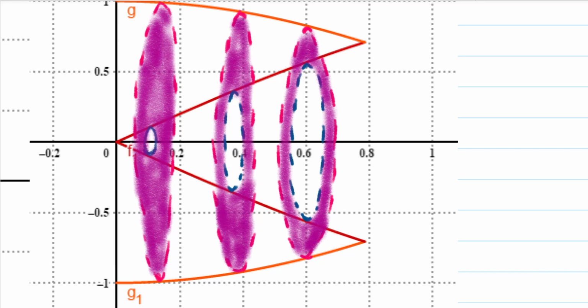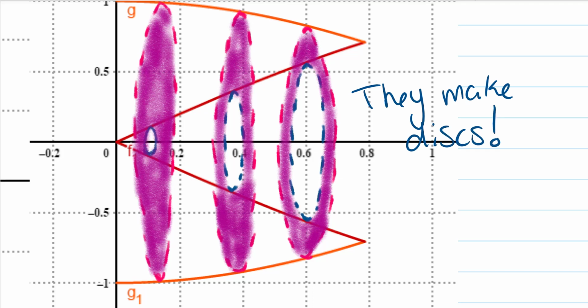If we look at these shapes, we can see that they make disks. Now we're going to take a closer look at those disks and determine how to find the area of each one.